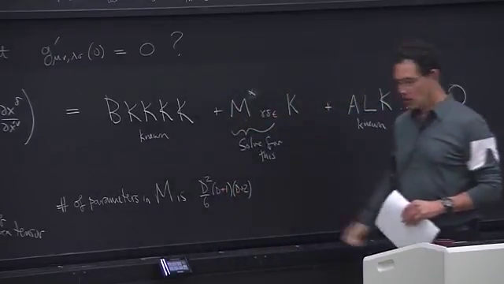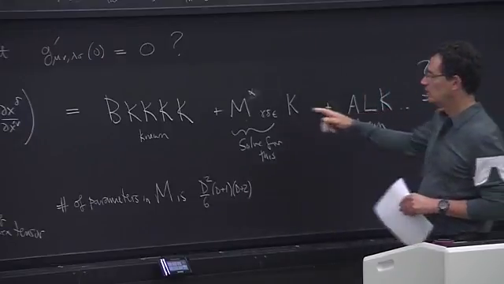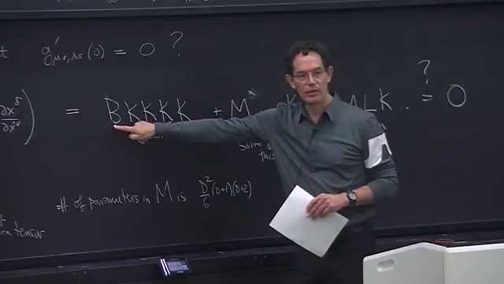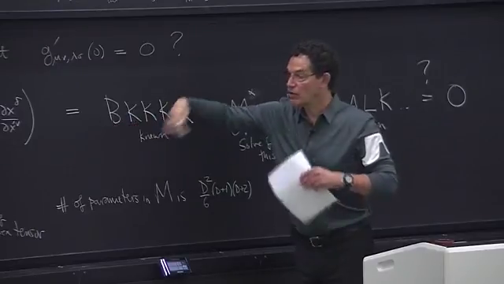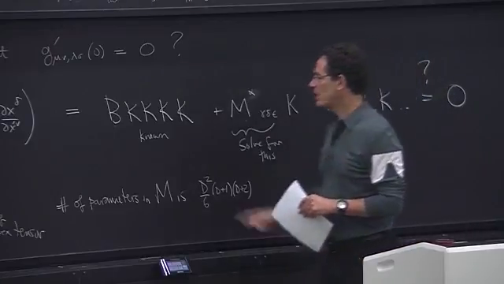And we'd like to know, do we have enough of these parameters to cancel the second derivatives of our original metric, which are in this matrix B.